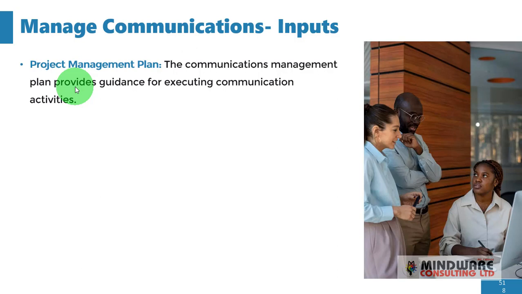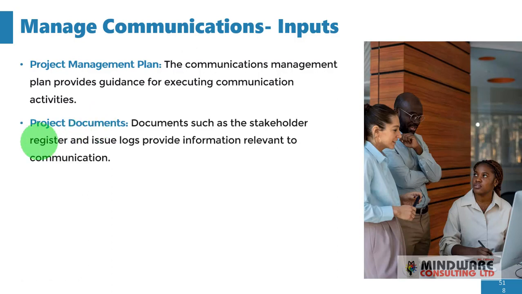When it comes to communications, you also have the communications management plan, which is included in the project management plan. The communications management plan provides guidance for executing communication activities. So that is a basic input for this particular process.